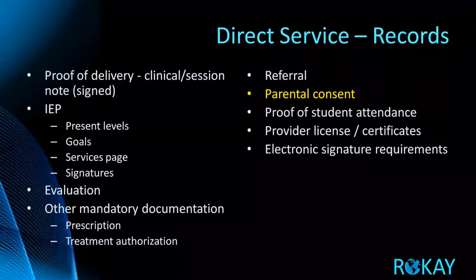And the other one that I've got there is parental consent. Years ago, parental consent was sort of glossed over during school Medicaid audits. And here's why. Parental consent, and those regulations, live over on the education side of the house, IDEA, FERPA, that kind of stuff. Well, the Medicaid auditors who come in and audit your records are from the Medicaid agency in your state, or a contractor working for the Medicaid agency of your state.